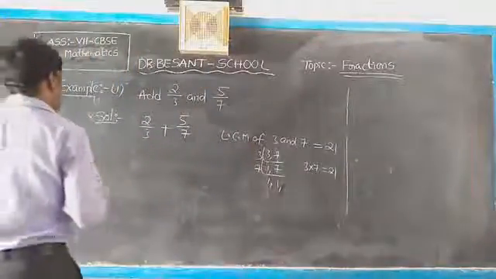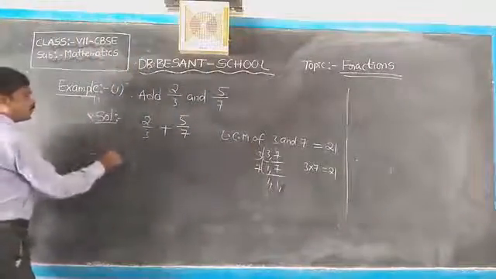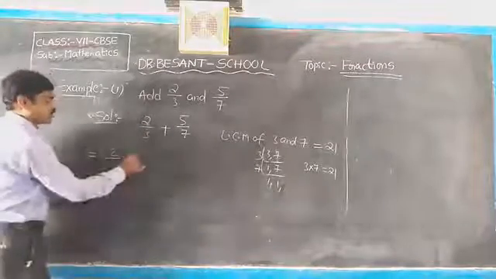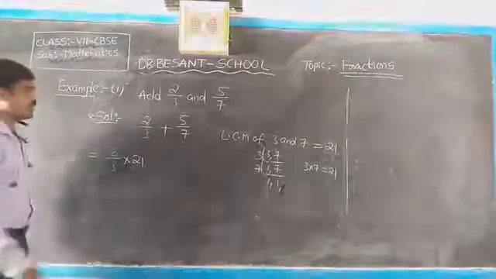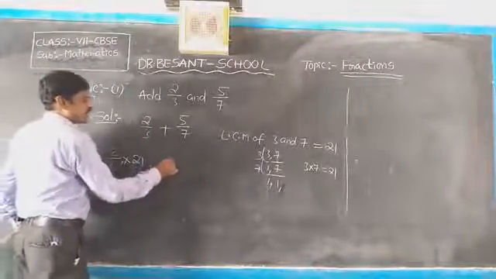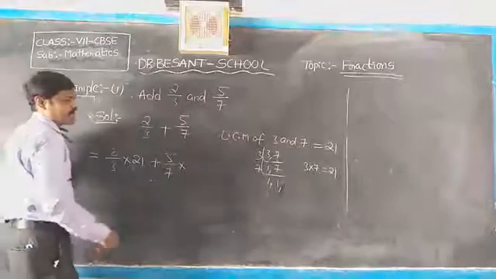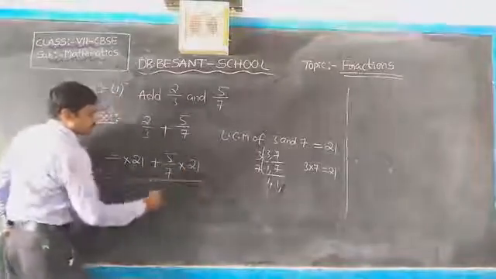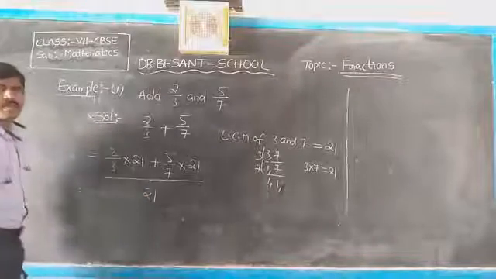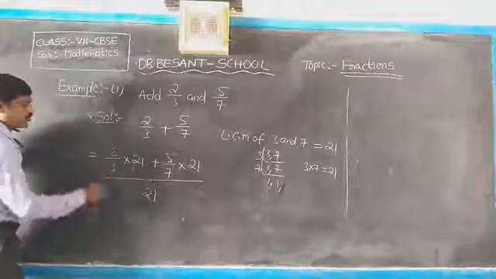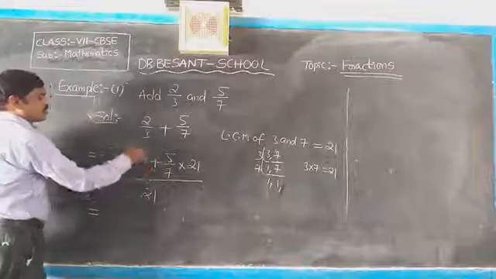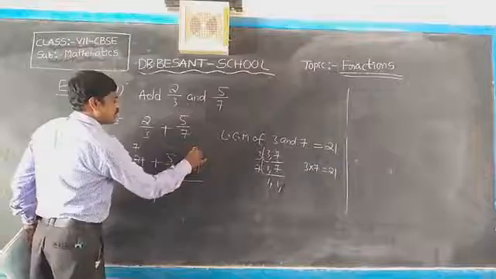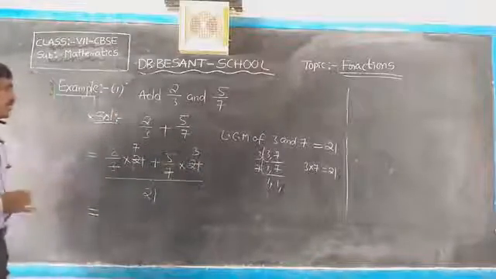See, 2 by 3 into the LCM, which is 21, plus fraction 5 by 7 into LCM 21, whole by LCM 21. So that is equal to 3 sevens are 21, 7 threes are 21.